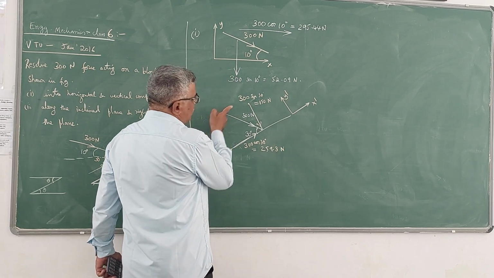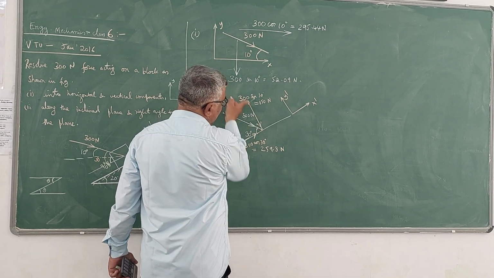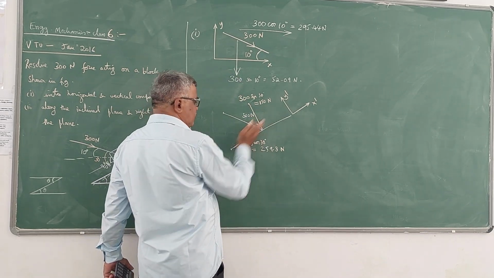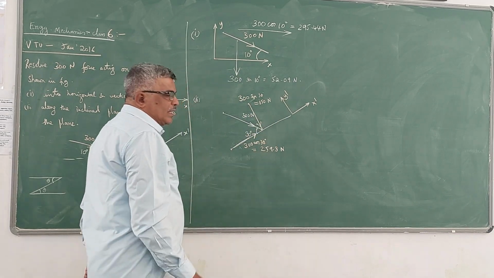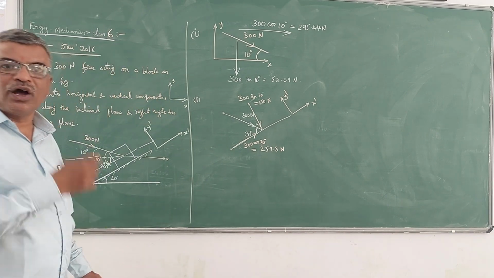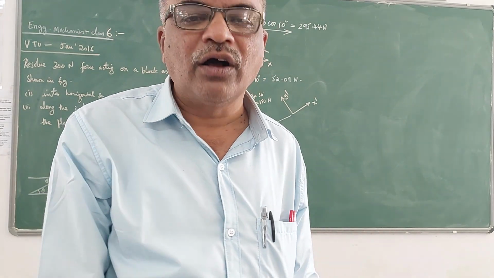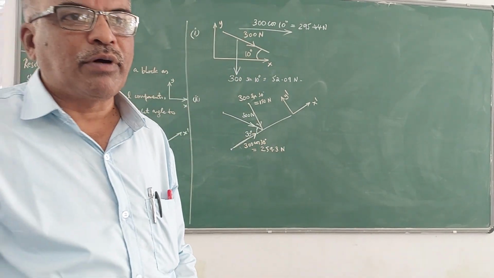So perpendicular to the plane, the component is downwards, which is 150 Newton. Parallel to the plane is upwards, 259.8 newtons.